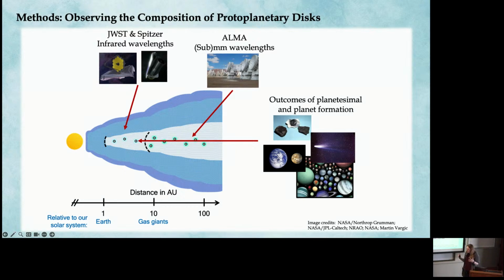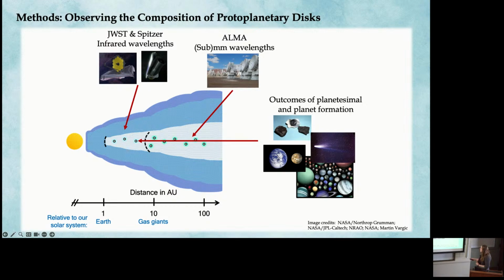So we have these different chemical regions throughout the disk, and we can probe them by using multi-wavelength observations. The infrared wavelengths probe the warmer inner regions of the disk, whereas submillimeter wavelengths, like with the ALMA radio telescope, probe the outer regions of the disk. By combining these different observatories, we can get a whole picture of what the chemical composition of the disk looks like.